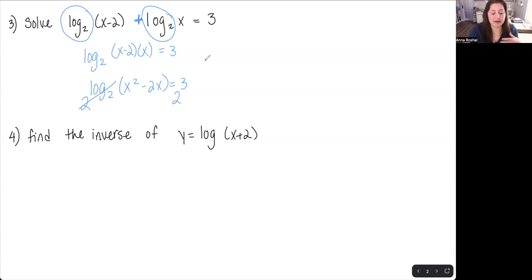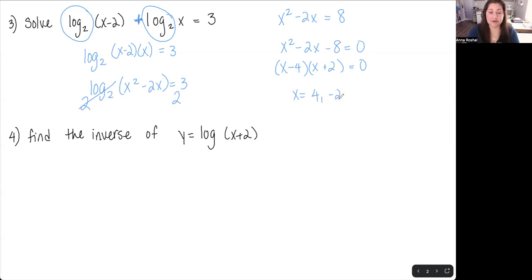So I can then say, hey, x squared minus 2x equals 8 because 2 to the third is 8. And then I'm going to go x squared minus 2x minus 8 equals 0. Then I'm going to solve by factoring, and I get minus 4 plus 2. And so x equals 4 and negative 2.